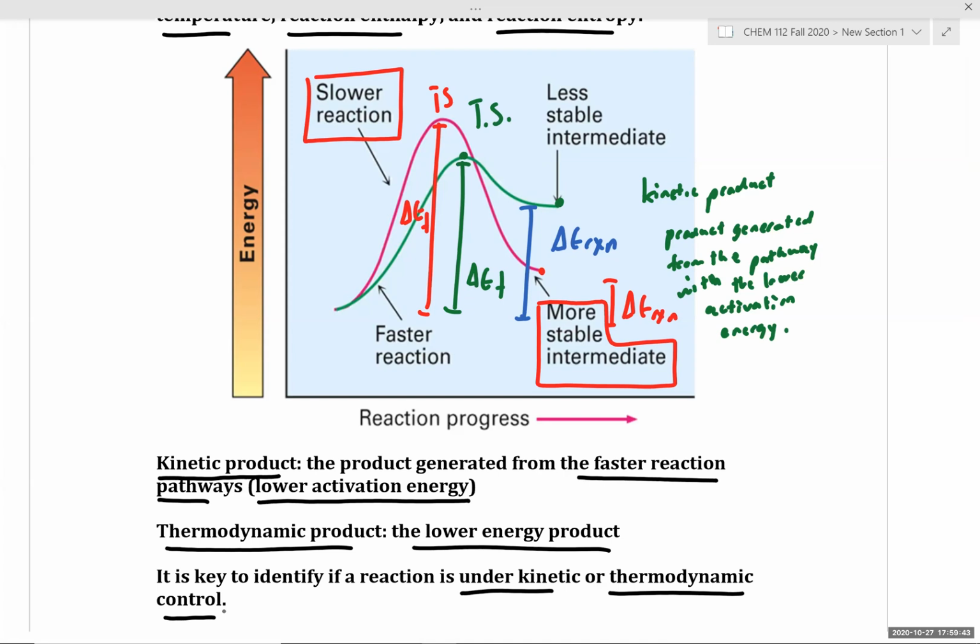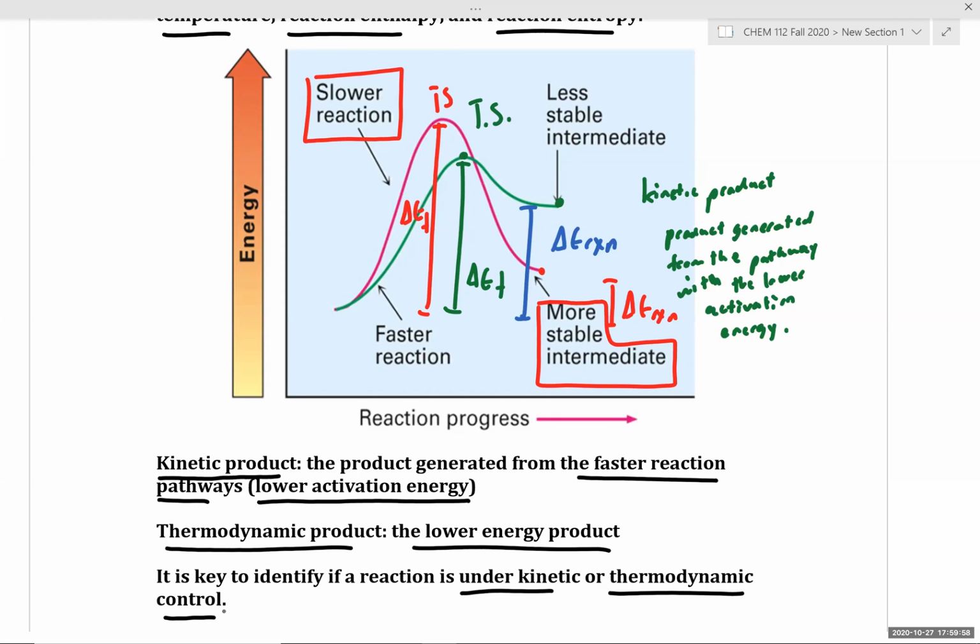Now, depending on the temperature that the reaction is run at, this activation barrier can play a larger or smaller role.